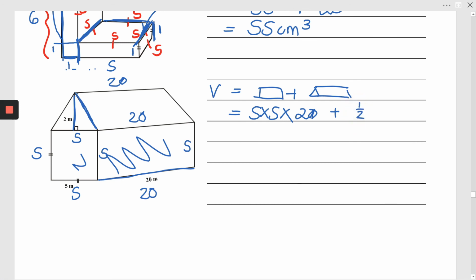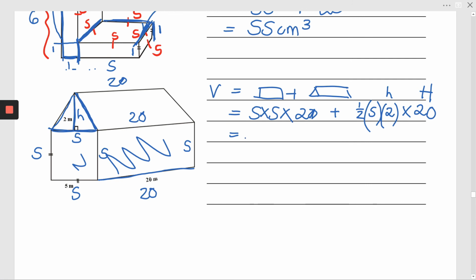So remember, this is going to be little h over there. Half the base of this triangle, I'm looking at the big one, the base is 5, so it's half times 5, brackets means times the perpendicular height, the little height, times the height of the prism, the big H, which is the 20. So I just want to clarify, that's the little height, and that one is the big height.